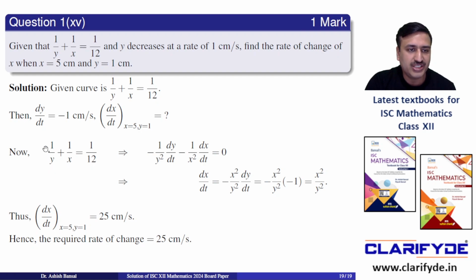If we differentiate the given curve with respect to t, we get this equation. This can be simplified for dx by dt in terms of dy by dt, and we know the value of dy by dt, to get dx by dt equal to x square by y square. When x equal to 5 and y equal to 1, we get dx by dt as 25 centimeter per second, which is the required rate of change of x.